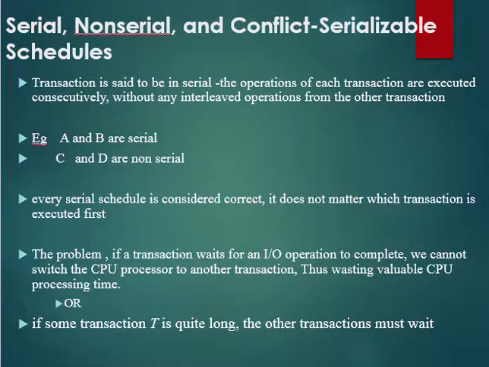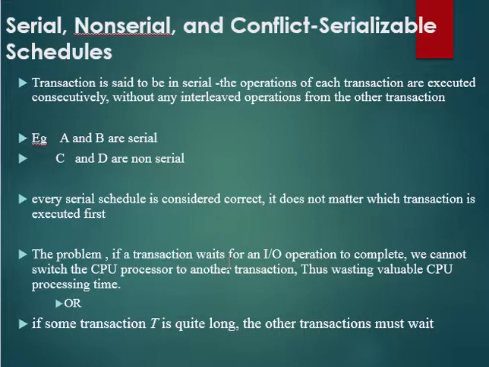Now the problem with serial schedules: if a transaction waits for an IO operation to complete, we cannot switch the CPU processor to another transaction because it's scheduled in that manner. T2 can start only if T1 has completed, thus wasting valuable CPU processing time. If transaction T is quite long, the other transactions must wait.